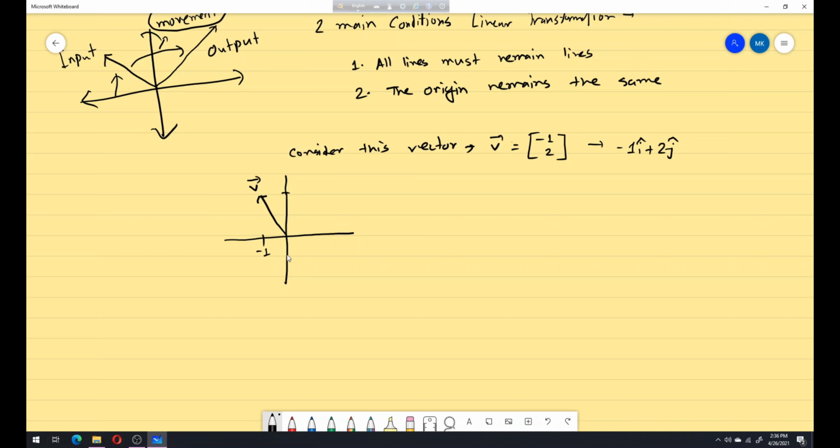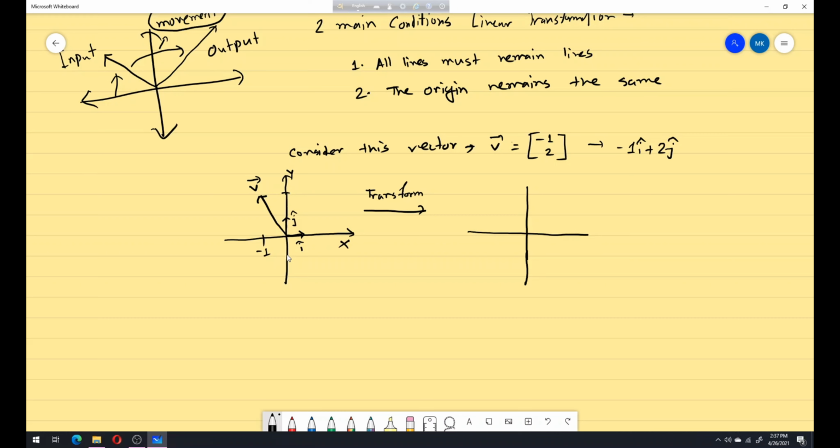Now by some transformation, these are the bases, right? This is your basis vector i cap, and this is j cap, because this is the x and this is the y axis. Now after transforming, let's say the origin stays the same.